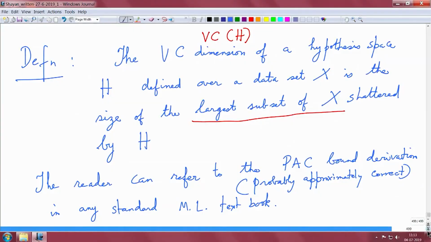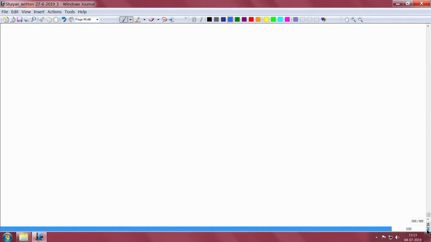Okay. But I think this would be sort of clear to you at this juncture that as you go to higher dimensions, right, there is a link with the number of points that can be shattered by this machine, right. So, now in the context of learning, what sort of learning machines do we have, right.